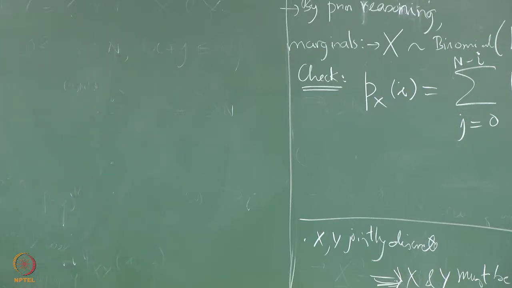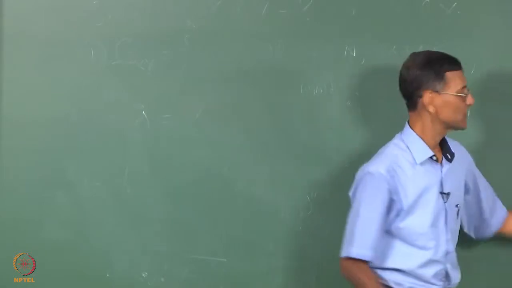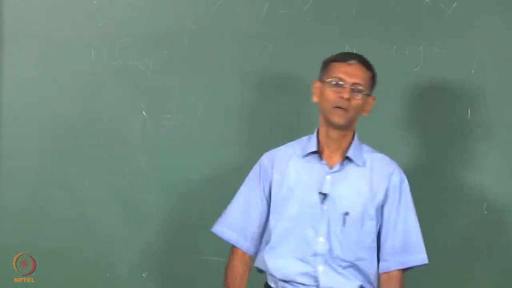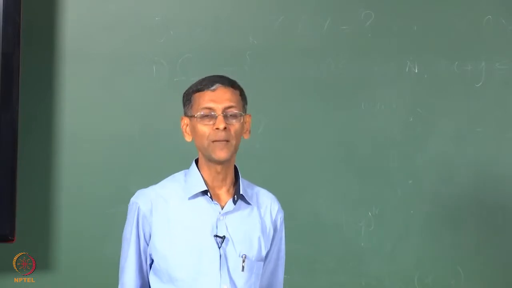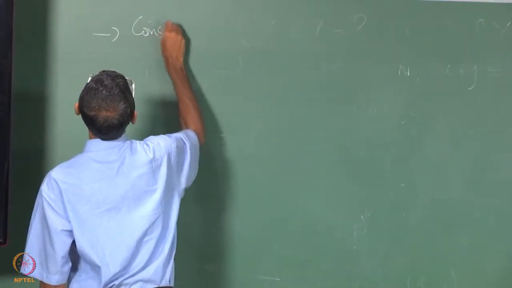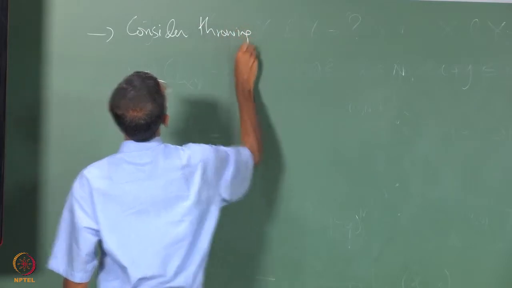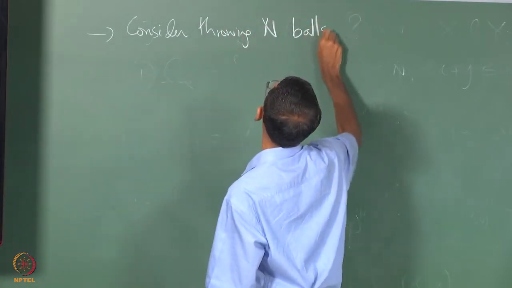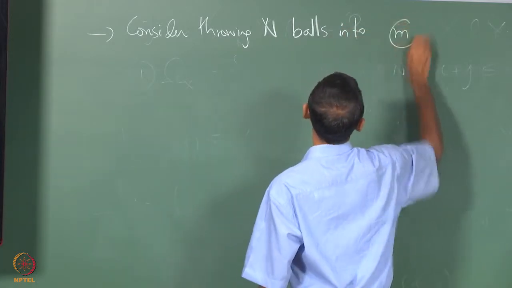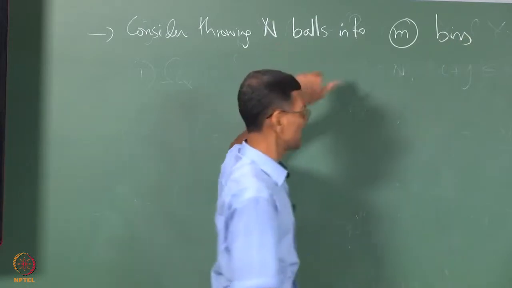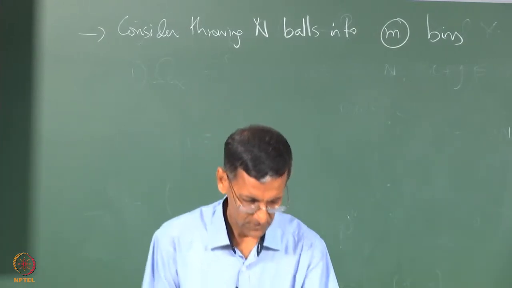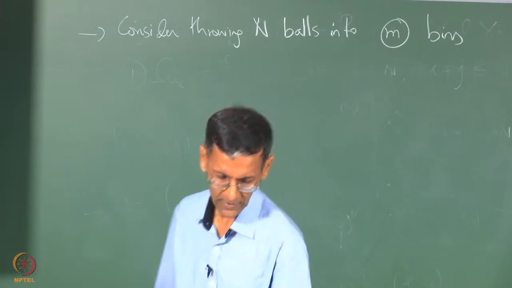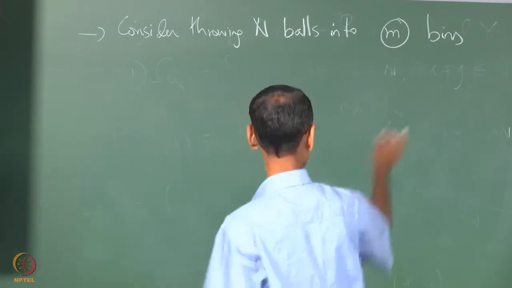In the few minutes that are left today, I will look at another application of this trinomial PMF, another situation where it happens. Supposing you are throwing capital N balls into some m bins. This n, unfortunately, I have to keep the same as capital N. This happens when I write notes in two different places, and in one place I have used capital N, in another small n, but I can't do it on the board.